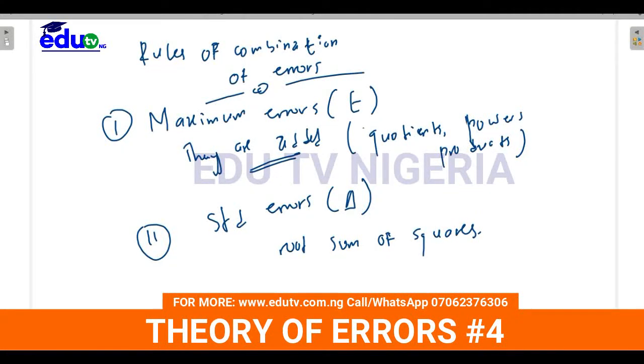So in case of maximum errors, the absolute or relative errors in case of products, quotients and powers are added. For standard errors, instead of just adding them and forgetting about it, we take the root sum of squares.